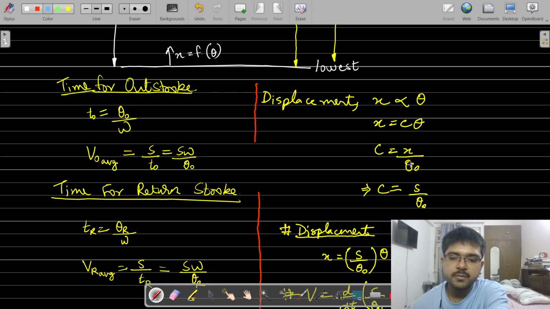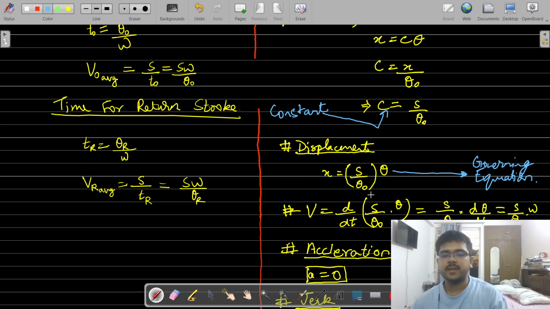And c is equal to x by theta, which is s by theta naught. That is the value of the constant. Now displacement x is equal to s by theta naught.